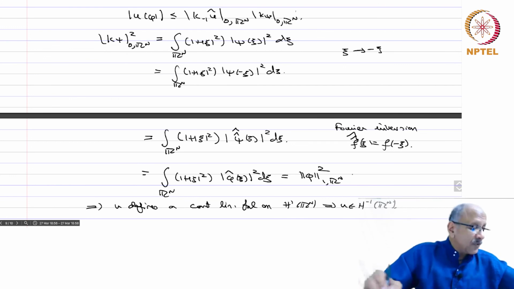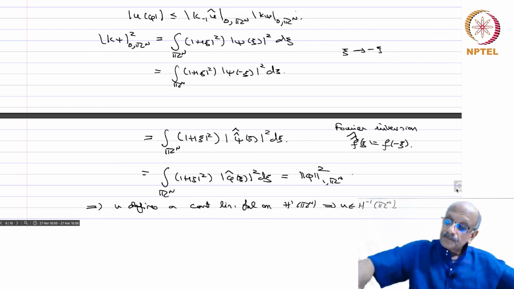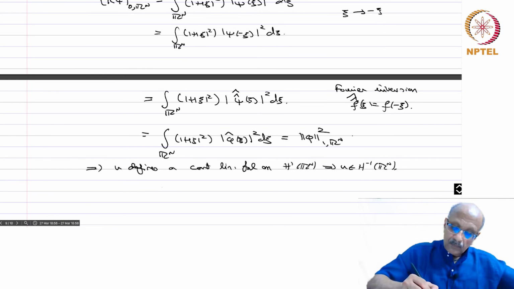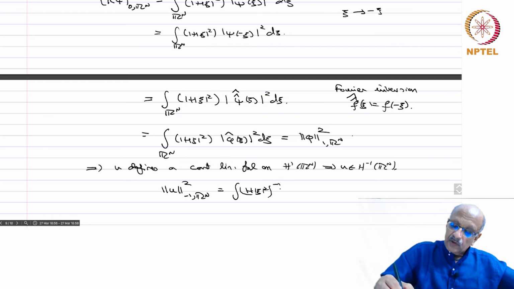So we have proved the claim completely, and the norm of u squared in H^(-1)(Rⁿ) is in fact equal to the integral over R of (1 + |ξ|²)^(-1)|û(ξ)|² dξ.